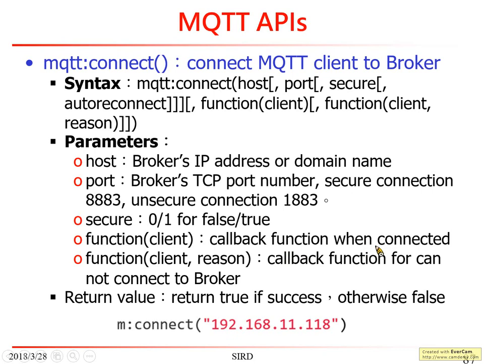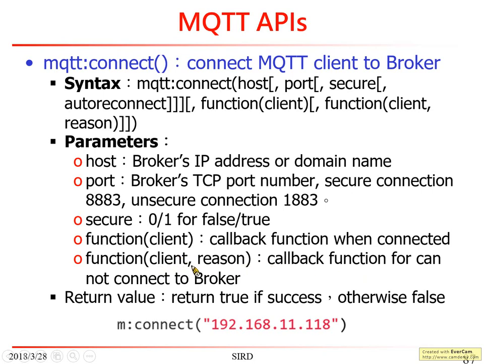And then you can also register some callback functions. When you successfully connect to the broker and you want to do something, we have the first callback function, which we can register here. The second is a callback function for when you are not able to connect to the broker.